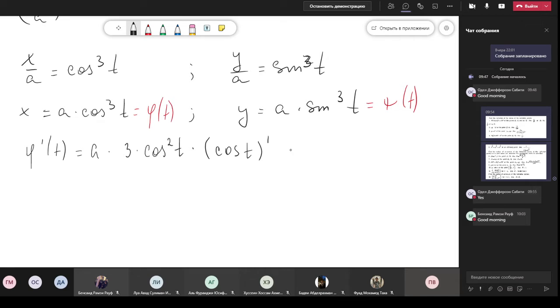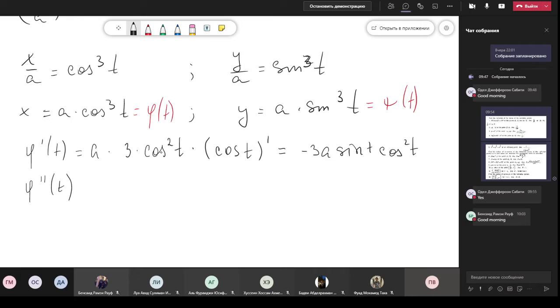Good. The derivative of cosine is minus sine, and we have minus 3a sine t cosine squared of t. That is phi prime.